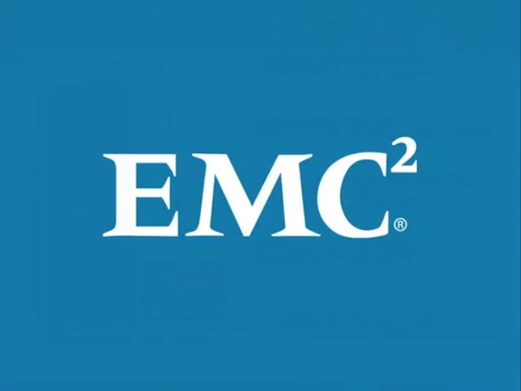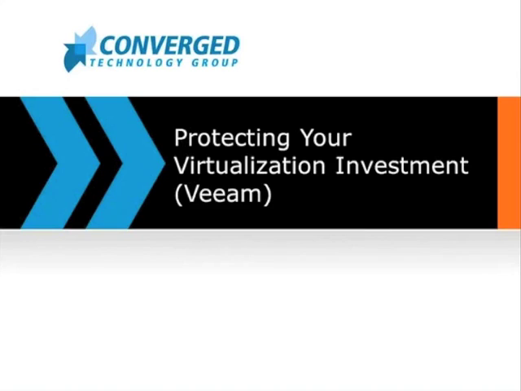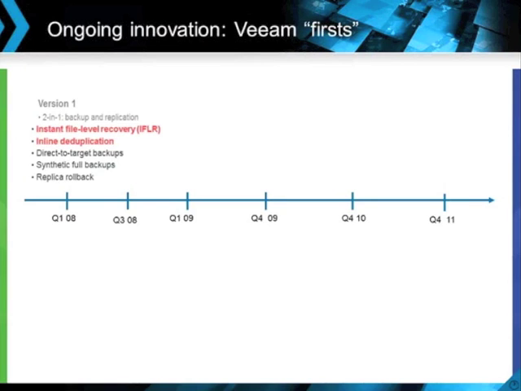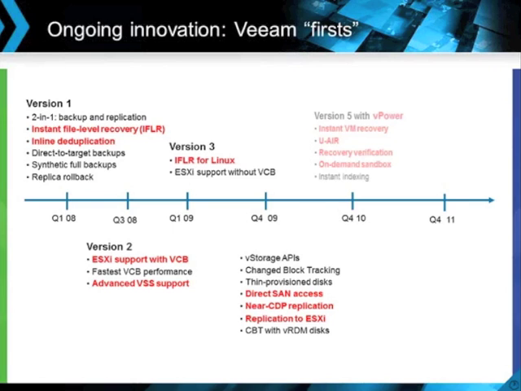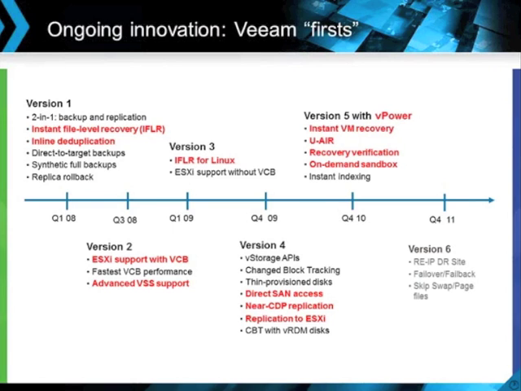All right. So how are we going to protect our environment? In this scenario, we want to maintain and guarantee uptime of our VDI solution. We need to first make sure we have the tools to do it.